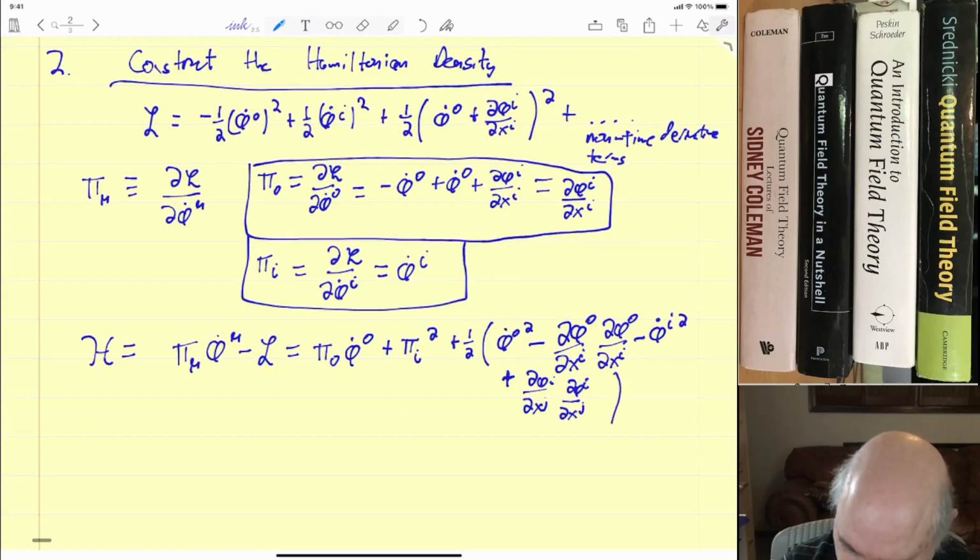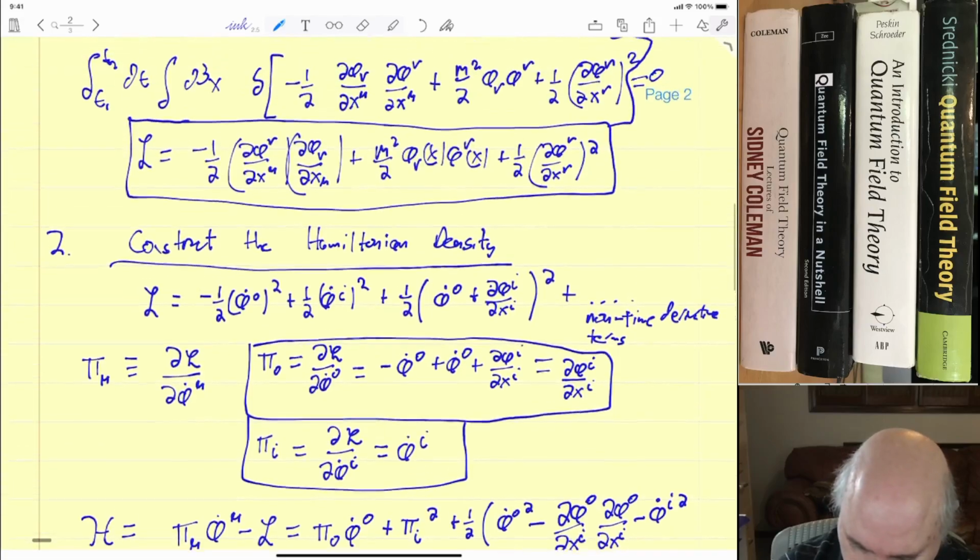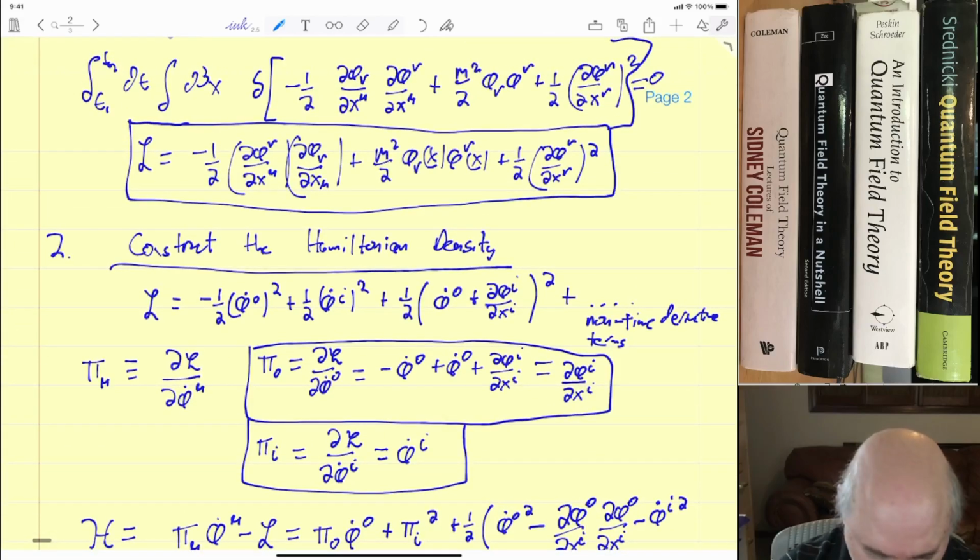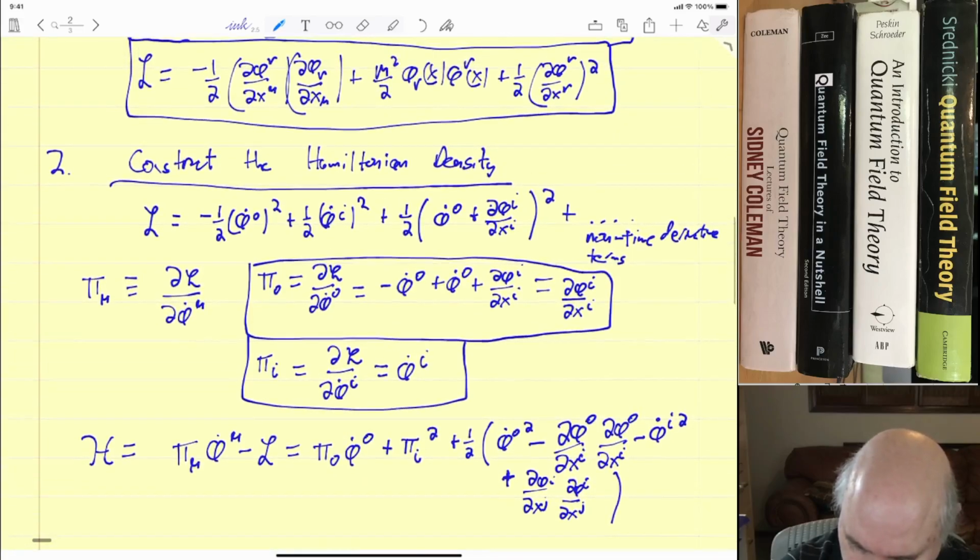Okay, so that takes care of that part. Now I'm left with this part, these two terms over here.